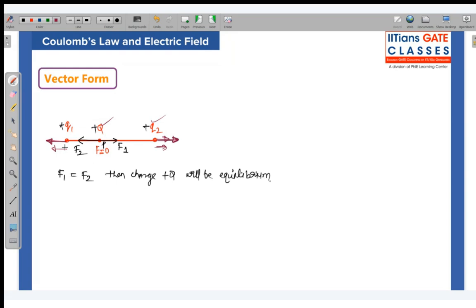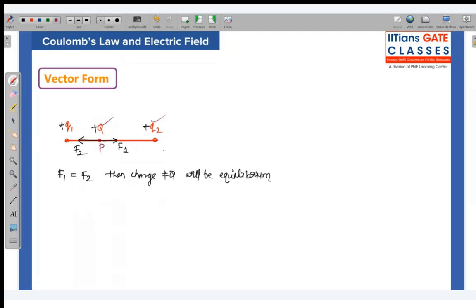So that's why we are saying that the system is not in equilibrium. System is not in equilibrium, but the plus Q charge, we can say that it is in equilibrium because the force applied on that plus Q charge is zero, or we can say that it is equal and opposite.